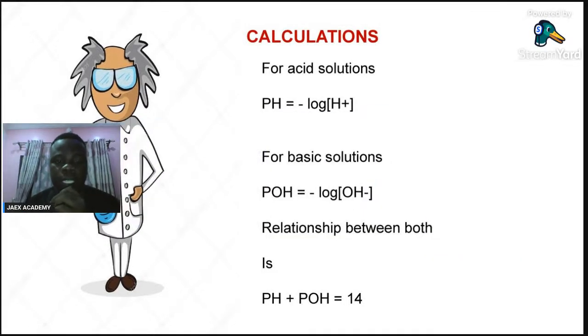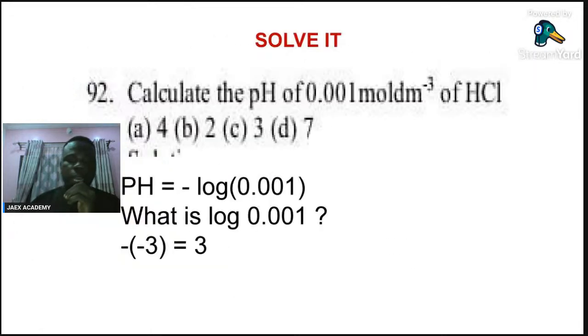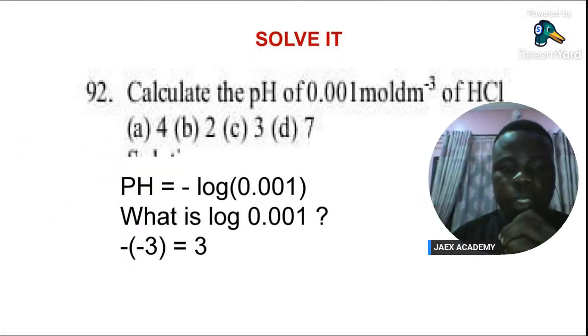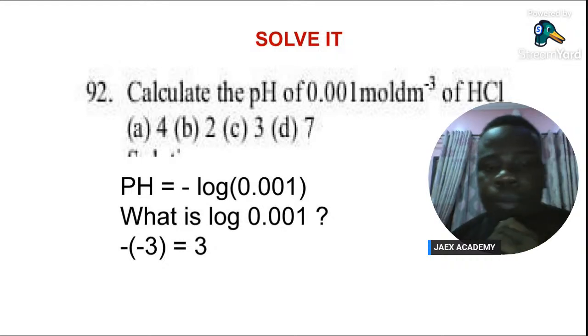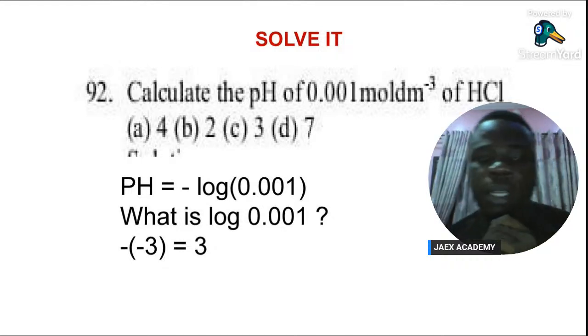This formula says that pH is equal to the negative log of the hydrogen ion concentration in square brackets. When I give you a calculation, the first thing you will do is to tell if the compound given to you is an acid or a base.